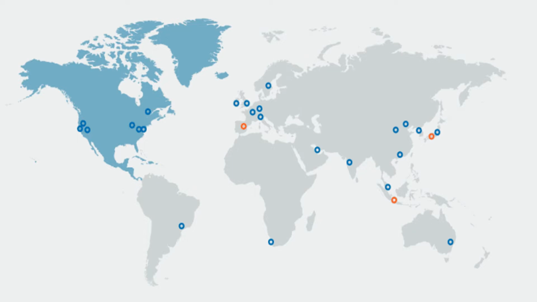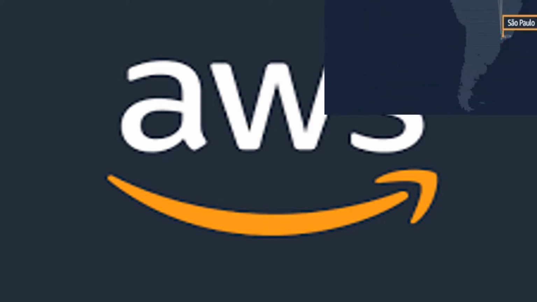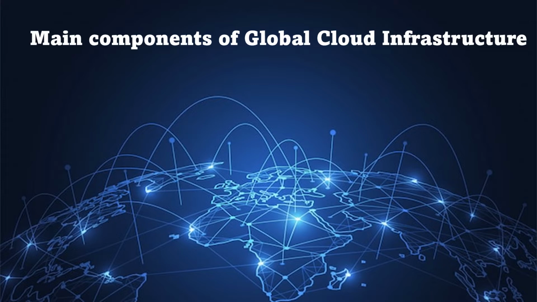For example, when you consider AWS, which is Amazon Web Services, a global public cloud provider, it has a global network of infrastructure to run and manage its many growing cloud services that support customers around the world. Now let's discuss the components of a global cloud infrastructure.